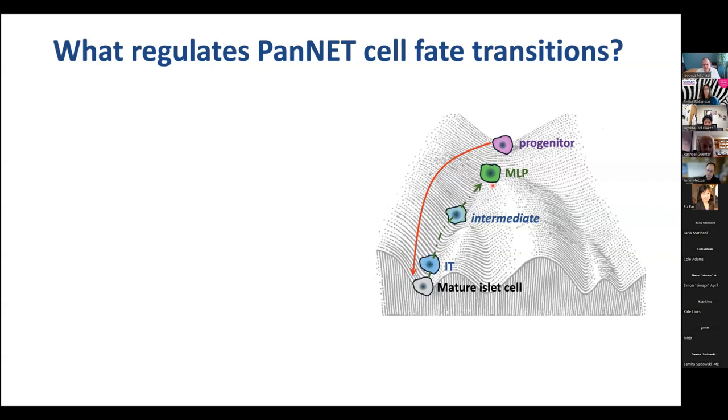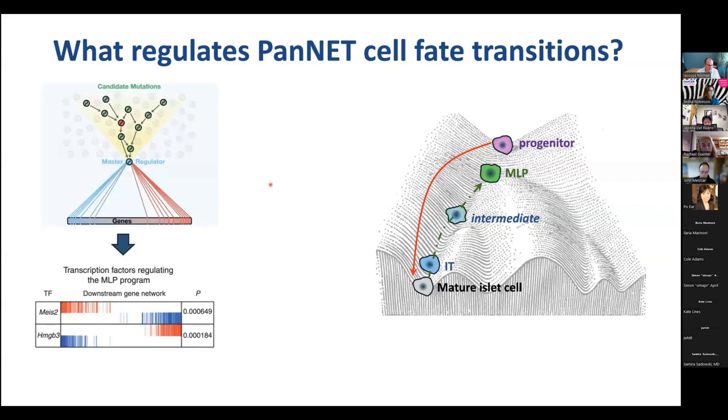Now, what controls the transition between states? Obviously, mutations play a role, epigenetic regulation plays a role, microRNAs play a role, transcription factors play a role. At that point for us, the best tool was an idea developed by Dr. Califano, which he calls master regulators.